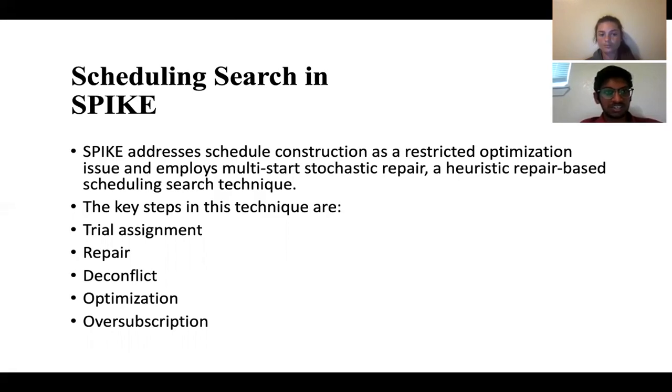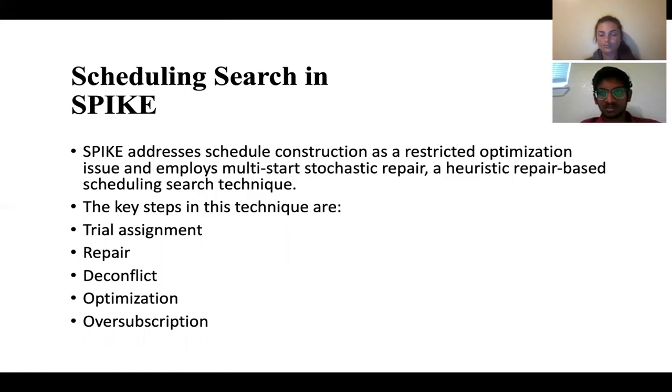And deconflict, in order to create a realistic timetable, we will remove any of the constraints that are present by running different trials and testing different probable estimates, as well as making them more heuristic, so that we can use this technique to utilize the Spike tool in the most viable option.